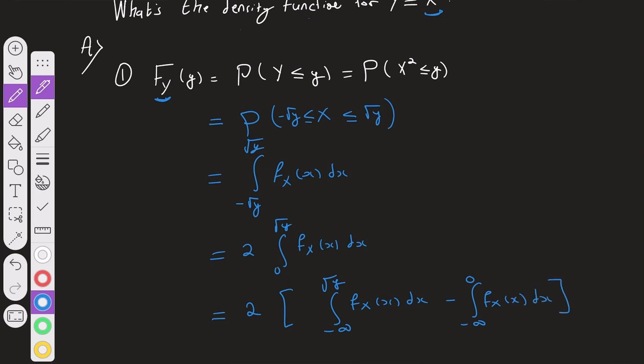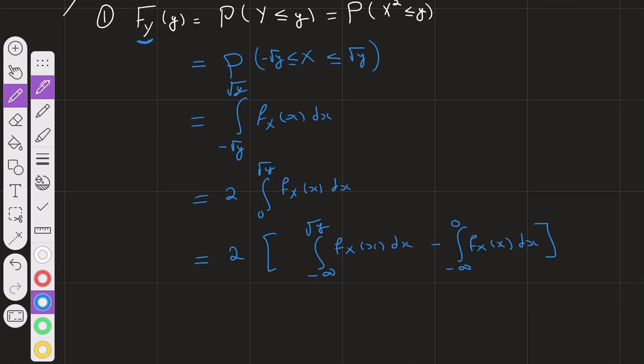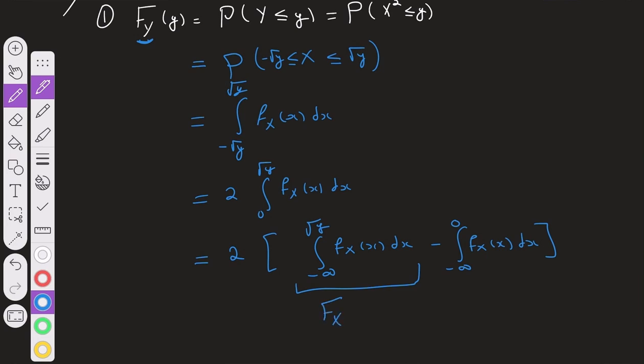Notice how nice this is, because this first thing is by definition F sub X of square root of y, because this is how we defined the distribution function. And this second thing is by definition F sub X of 0. It's just a constant. So that is to say, this is equal to 2 times this minus that.